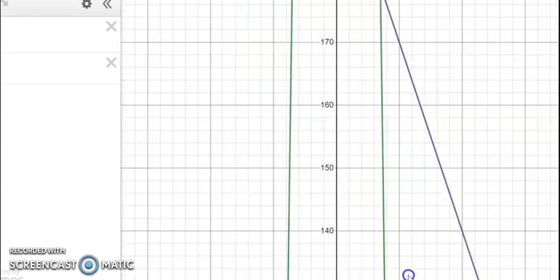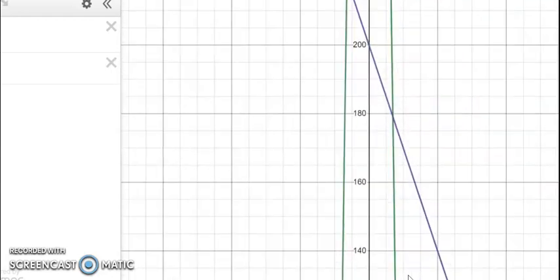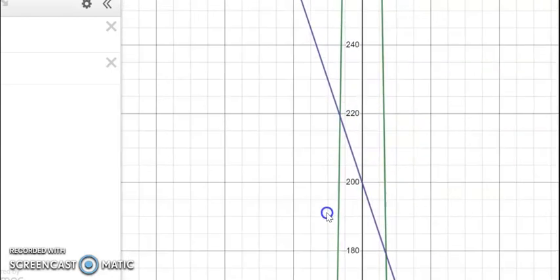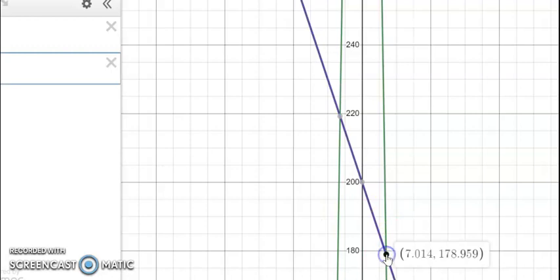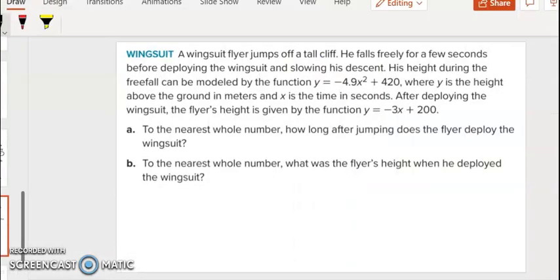And so I'm looking for, where do they cross each other? Are we getting close? Yeah. So let's look. We have an intersection point right there. And we have an intersection point right there. So let's see what the question is. To the nearest whole number, how long after jumping does the flyer deploy the windsuit?